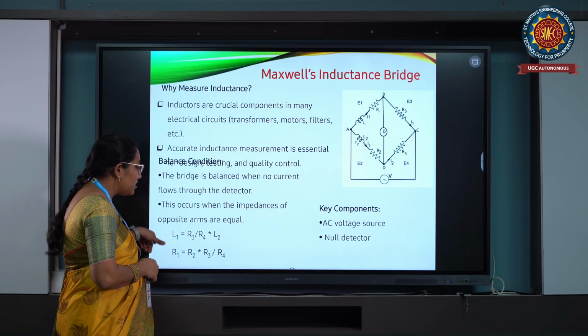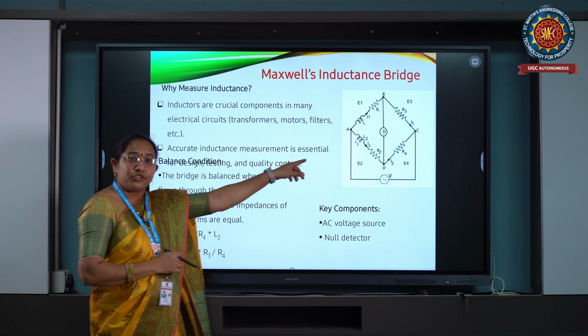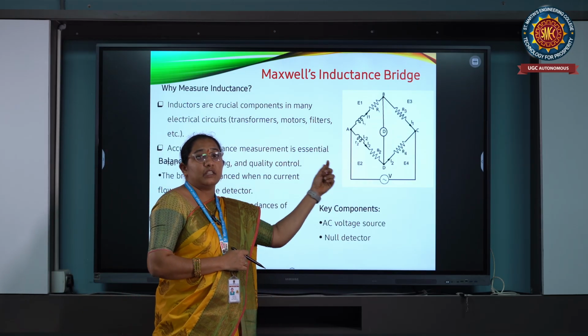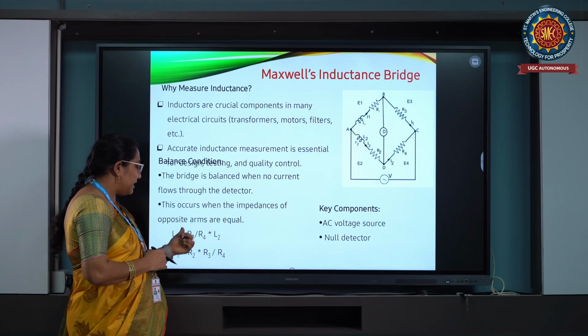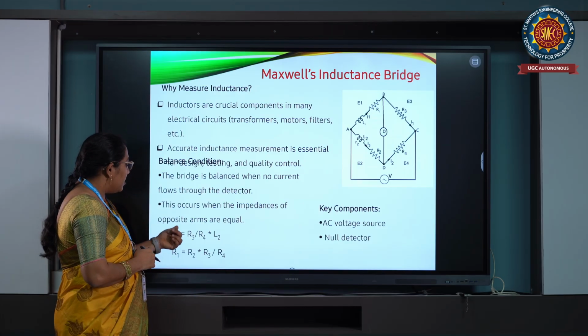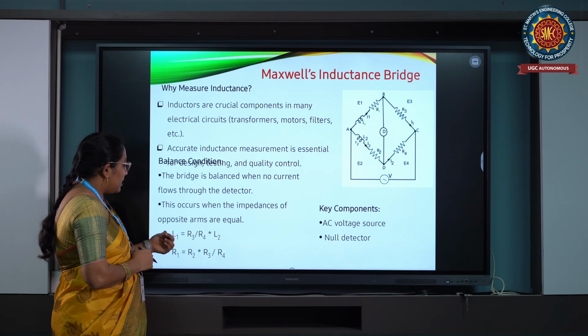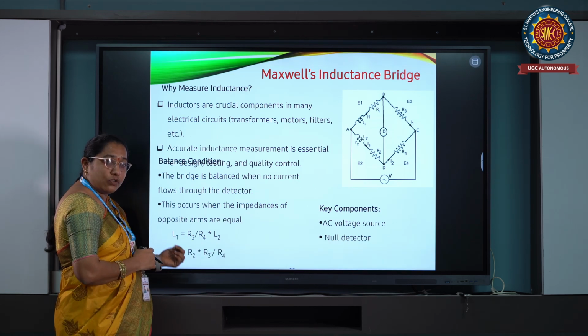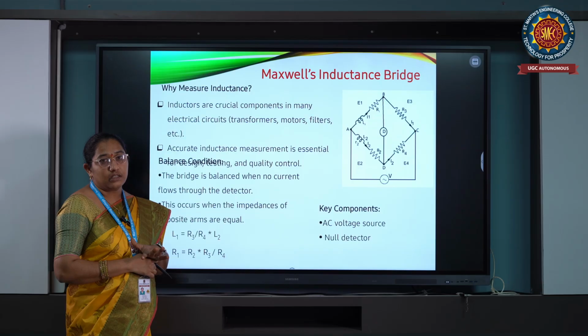How are we getting these values? By substituting these impedance values in the balance equation. What we are doing here is measuring the unknown quantities by using known quantities.